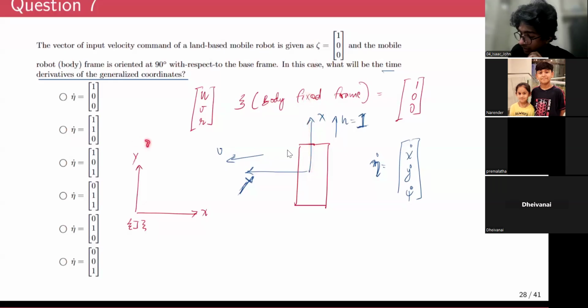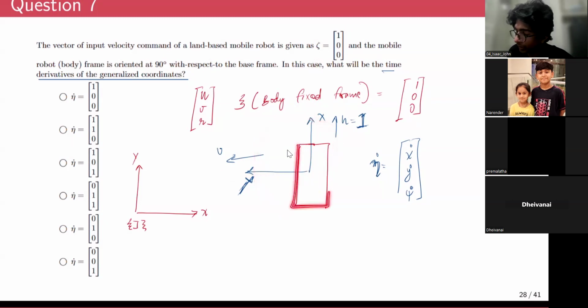So if you consider this frame of reference, what will be the velocity if the robot is moving along the u axis? If it is moving up, the velocity with respect to the global frame of reference will only have the y component, because the v component is 0 and the r component is 0. As a result, the robot will only move vertically upward. It won't have any component along the lateral direction, or any rotary component.